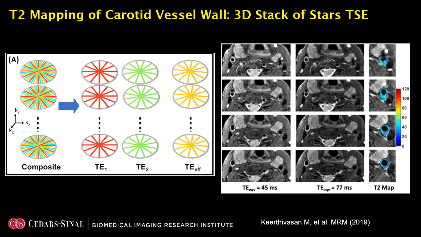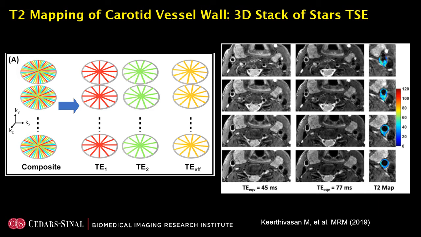The recent work by Keith Vanson et al. extends the work of T2 mapping to 3D using a stack of stars TSE pulse sequences with student random radial view ordering. This view ordering scheme is chosen such that an undersampled 3D volume is acquired at each echo time.